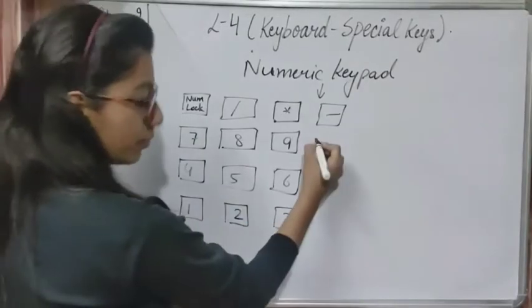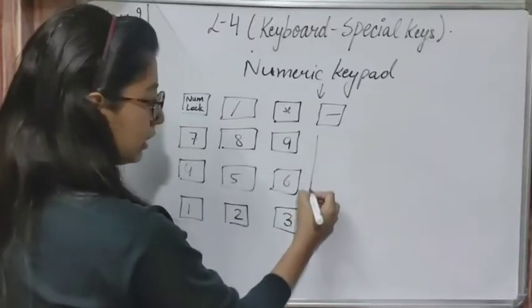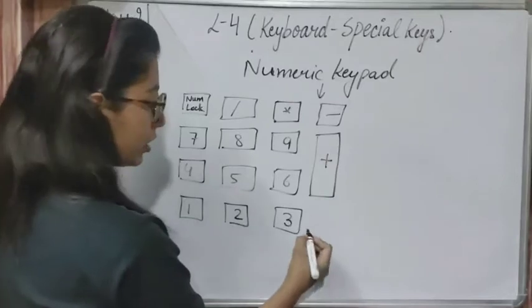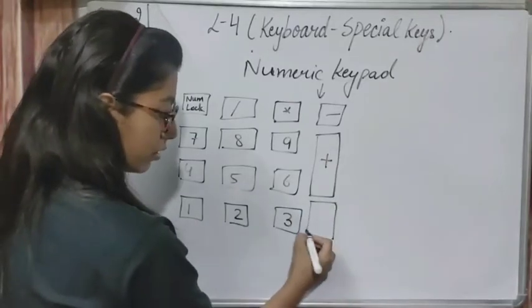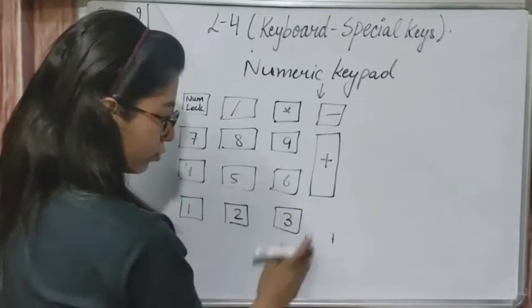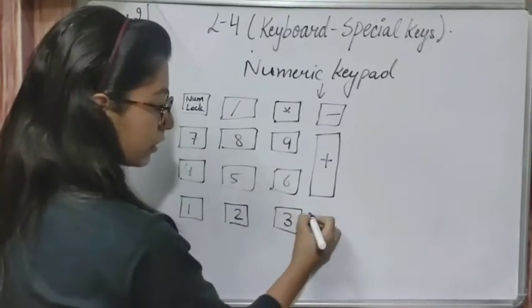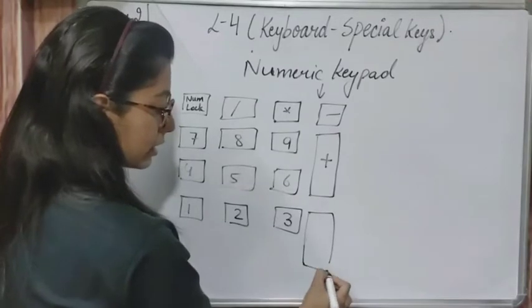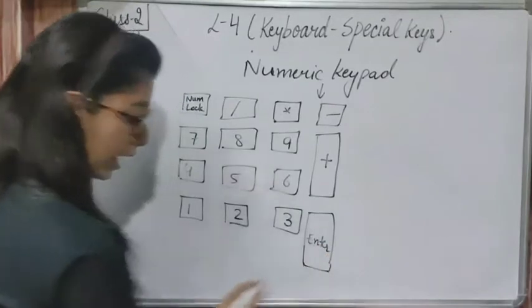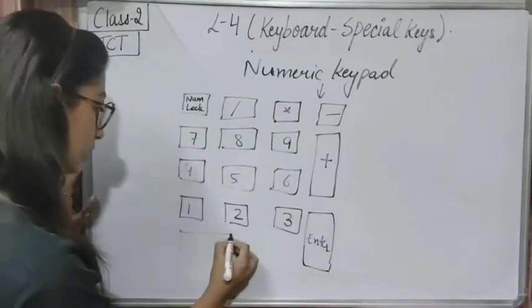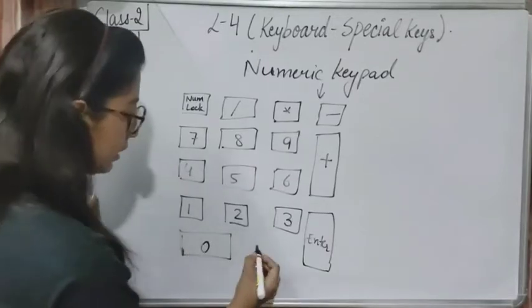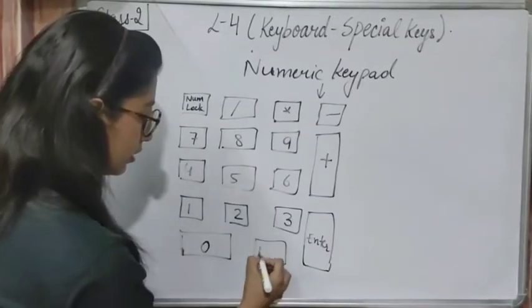And here a button is given, and symbol, and here it is given like this, enter, and here one key is given of number 0, and here it is a delete.